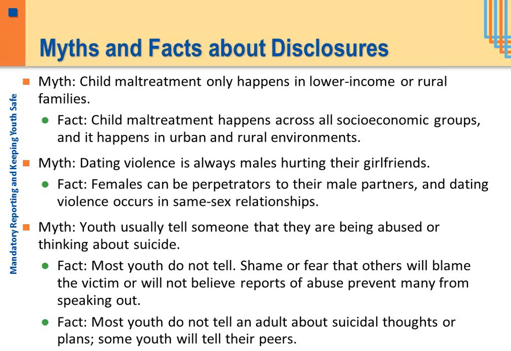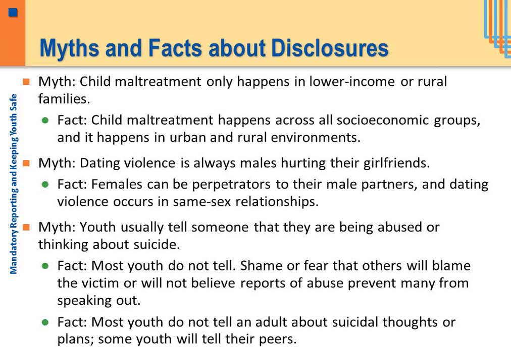The fact is that females can also be perpetrators to their male partners, and dating violence can occur in same-sex relationships. And there are a number of issues around shame that can occur when it feels like certain gender roles are reversed.